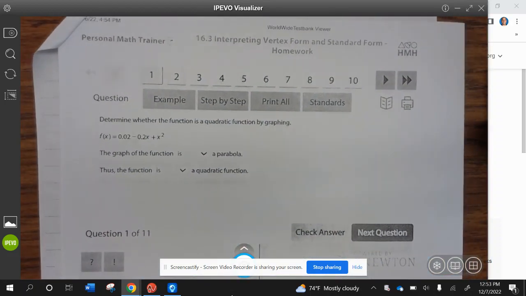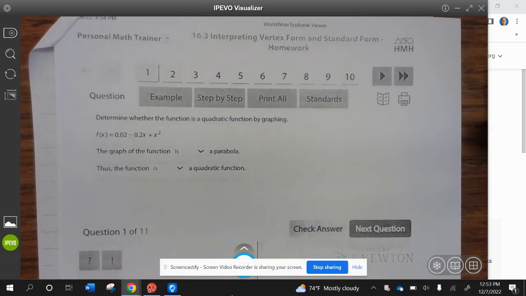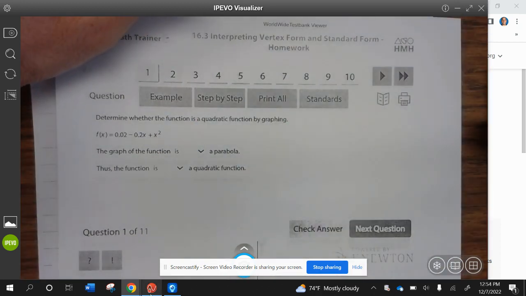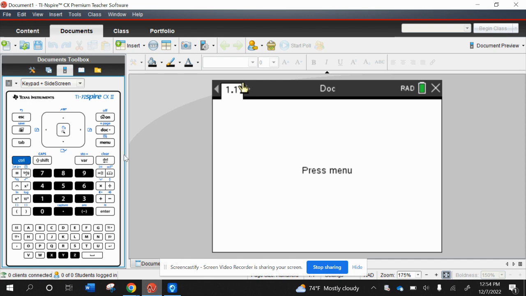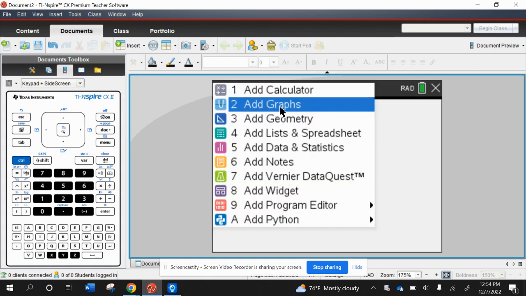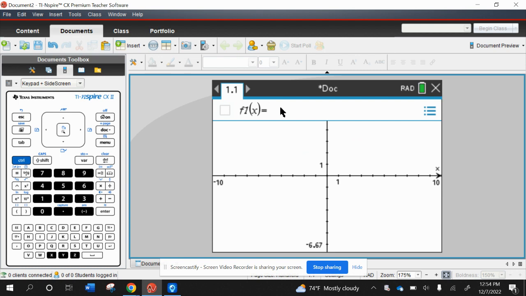Example 1: determine whether the function is a quadratic function by graphing. So to graph this, let's go to our calculator. We go to On, New Document, Add Graph, and we graph 0.02 minus 0.2x plus x squared.